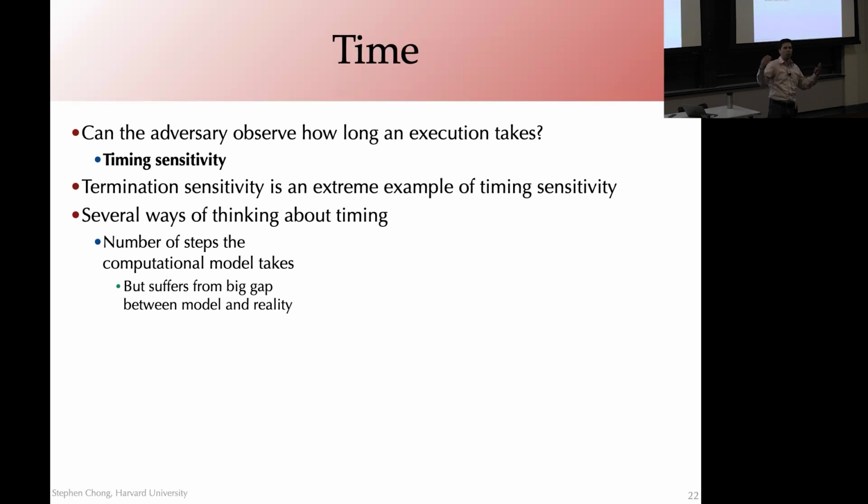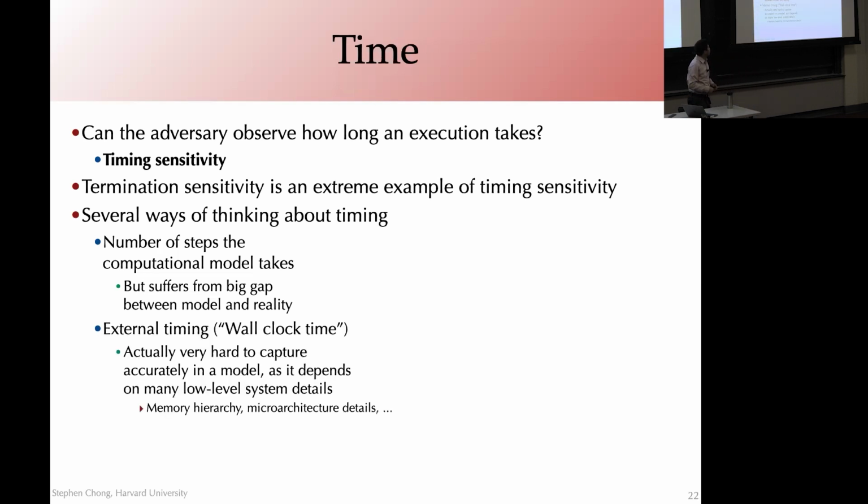It fits with the way we're modeling computation in a clean way, but there's a really big gap between that and reality, like a real system executing on an actual machine with a complex microarchitectural implementation. How long that actually takes to execute is pretty far divorced from our very clean, small step operational semantics of a system. So we could imagine instead the wall clock time, the external timing of a system.